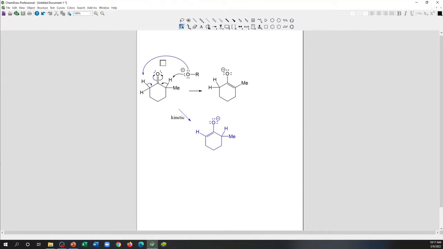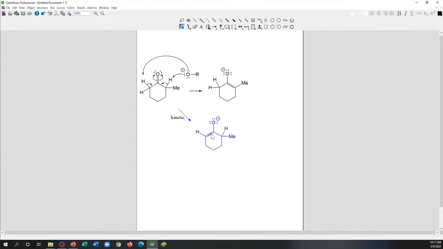As that alkoxide comes in, it would be faster for it to grab this hydrogen on this side because it doesn't have to push through the methyl group. When you identify something as kinetic, it doesn't necessarily mean it's not also thermodynamic. Most reactions we run, the fastest product pathway will also end up being the most stable overall pathway. In this case, they are different.